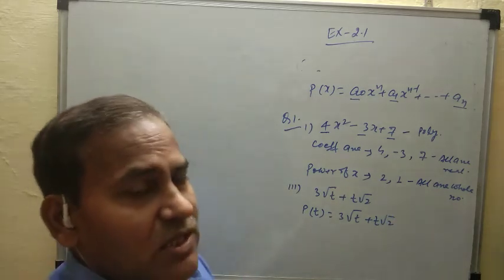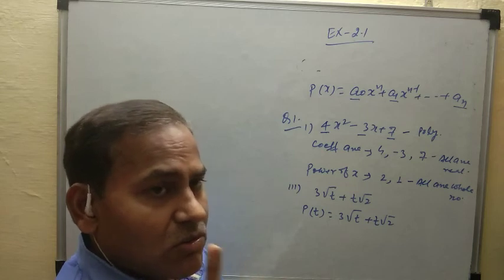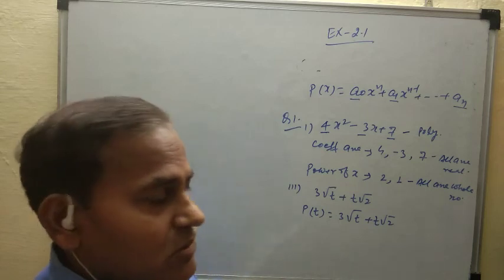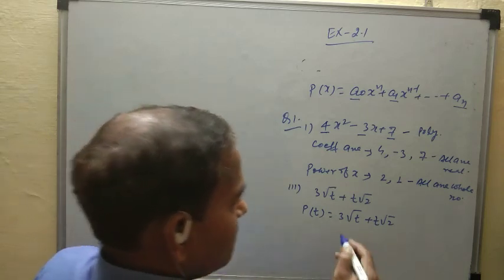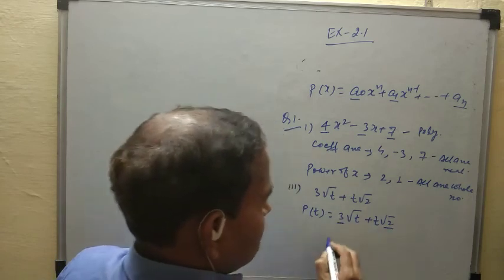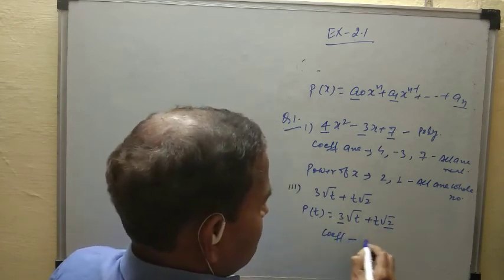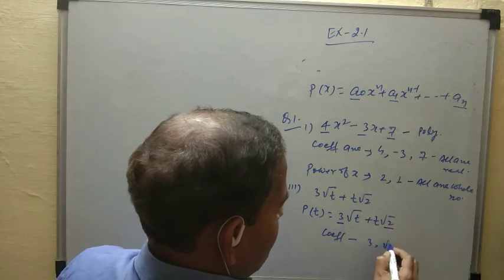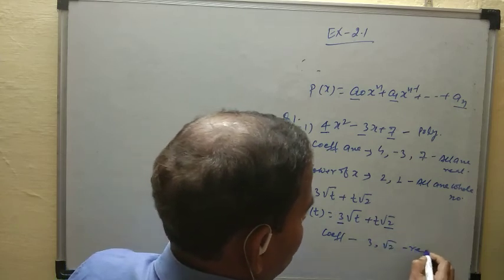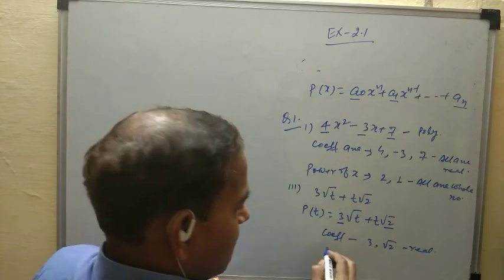So first you check that all coefficients are real or not. So what are the coefficients? So coefficients are 3 and root 2. So all are real.